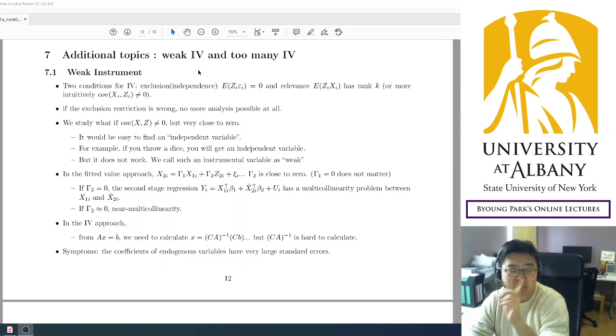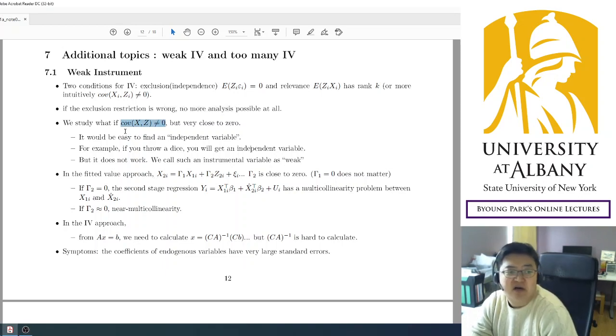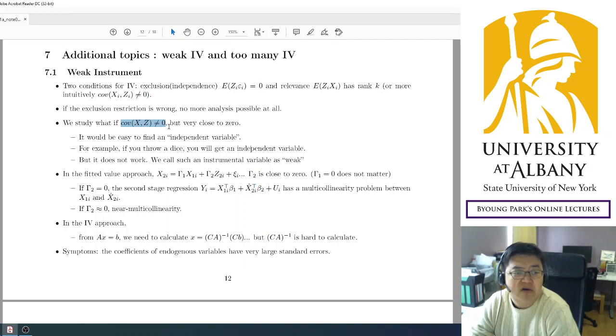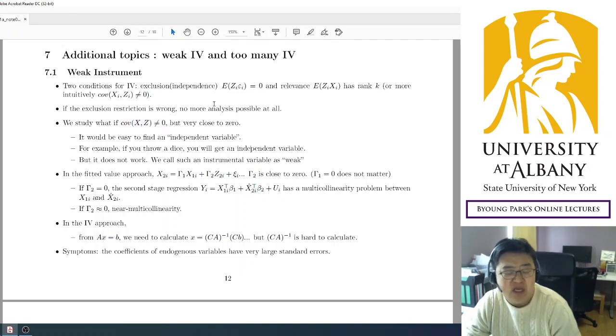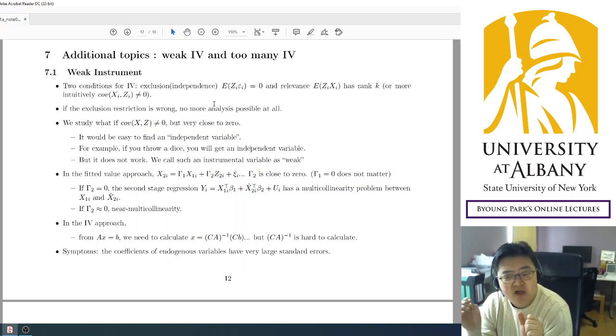The problem we are going to consider here is this: what we need is that covariance should be different from zero. Remember, when we considered the multicollinearity problem, we had a similar problem. Multicollinearity means that the correlation coefficient between two regressors should be different from 1 or -1, right?